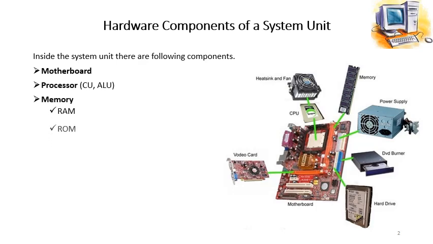And today we are going to discuss the third most important component of a computer, which is enclosed inside the system unit, that is memory. Whether it is a permanent memory or a temporary memory, we will talk about both of these, but in your book the RAM and ROM are given, so we will discuss both of these memories.